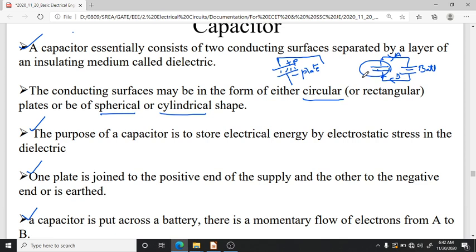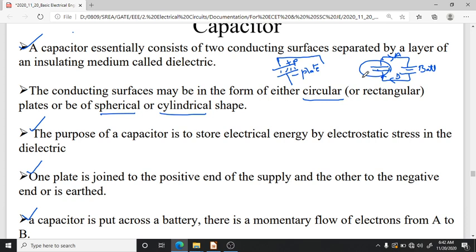The best example for a capacitor is our mobile battery. Whenever charging is at 0%, the battery takes more current from the charger. Slowly, when it comes to 90% and 100% charging, the current is reduced and the potential increases; the electrostatic field inside the battery increases.